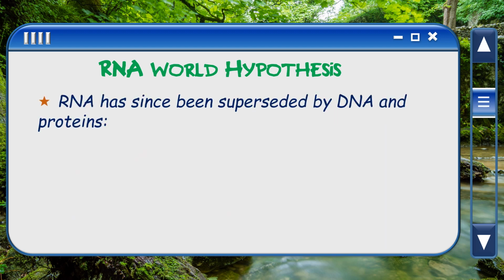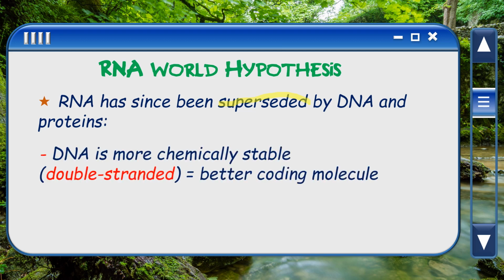Now, RNA has been superseded by DNA and protein. How? First, DNA is more chemically stable compared to RNA.